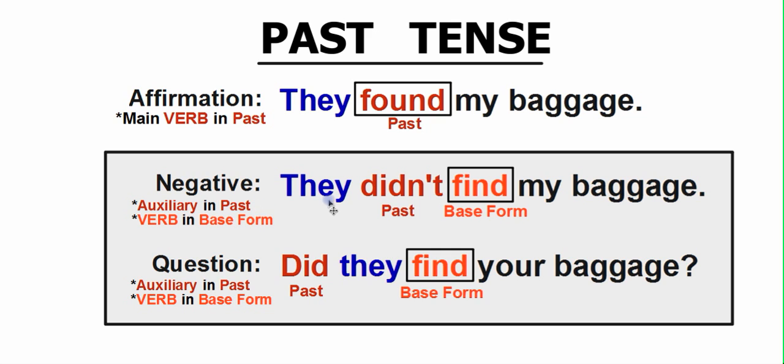In the negative, they didn't find my baggage. Again, the verb is in the base form and the past tense is on the negative auxiliary, didn't. In the question, did they find your baggage? The verb is in the base form and the past tense is on the auxiliary to form the question. Very good.